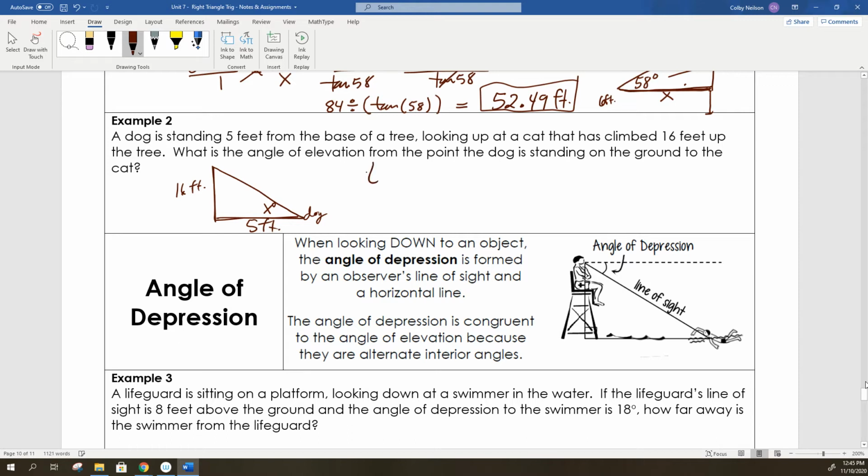So if I do the inverse of the fraction, opposite, which is 16, over adjacent, which is 5, that's going to give me my angle. So on my calculator, I type that in. Second function tangent, 16 divided by 5, and I should end up with 72.65 degrees. Don't forget the degrees. Make sure that's what you get.